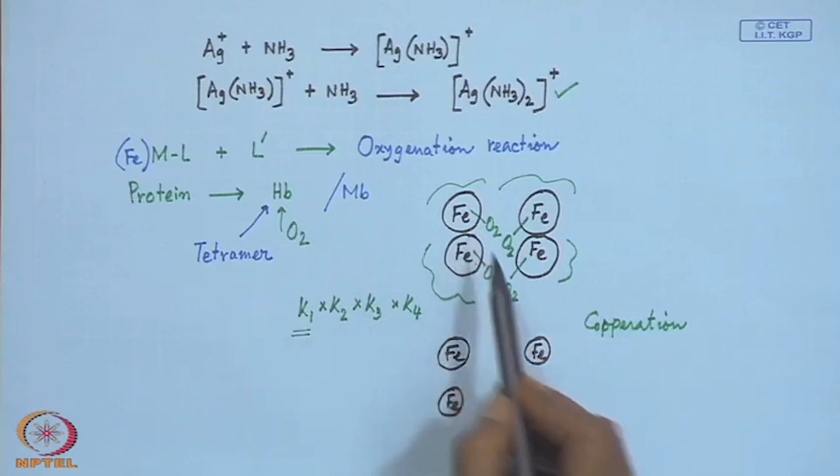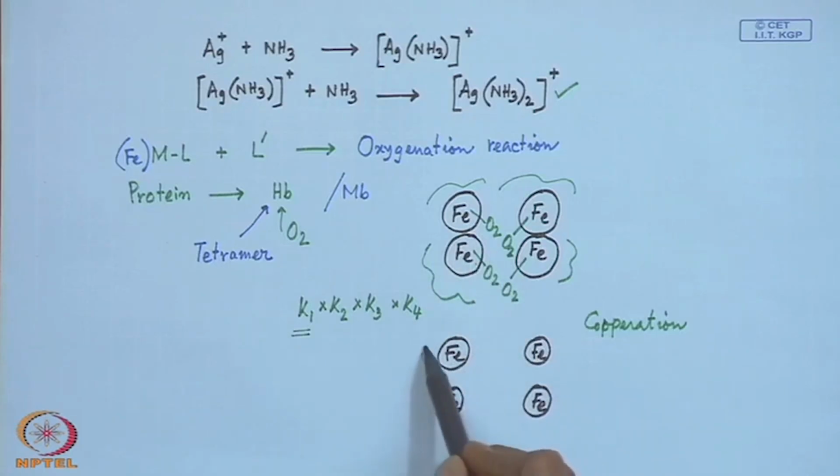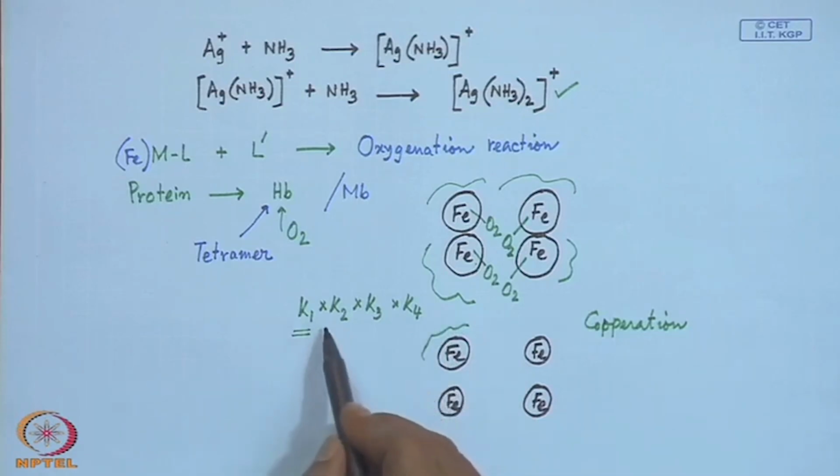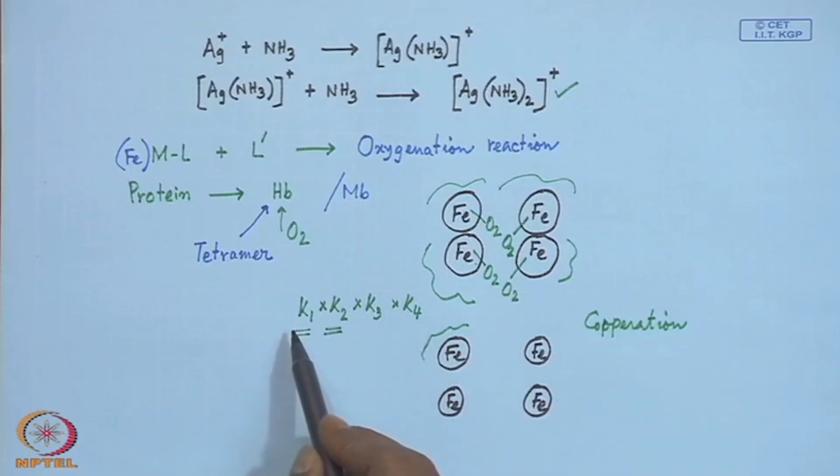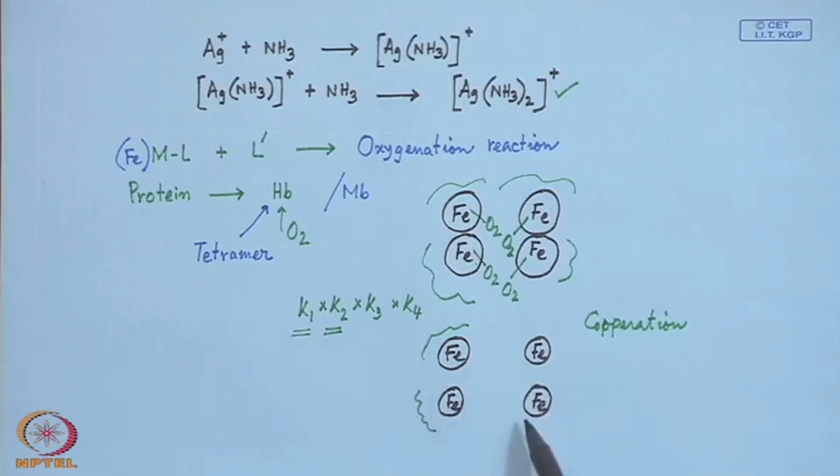When the first center is oxygenated, there will be certain movement in the protein structure which makes the binding of the second O2 molecule feasible. That means the dependence of the K2 value on K1 is seen from this kind of cooperative binding of O2 molecules to the hemoglobin centers.